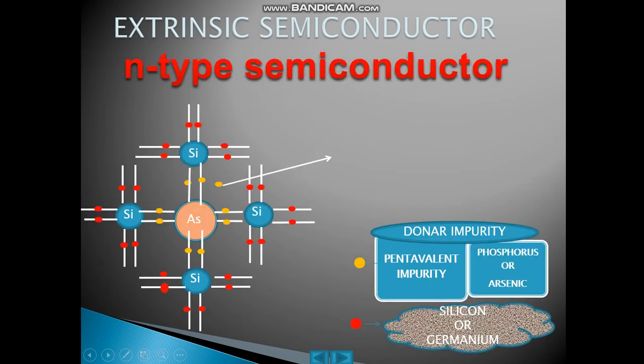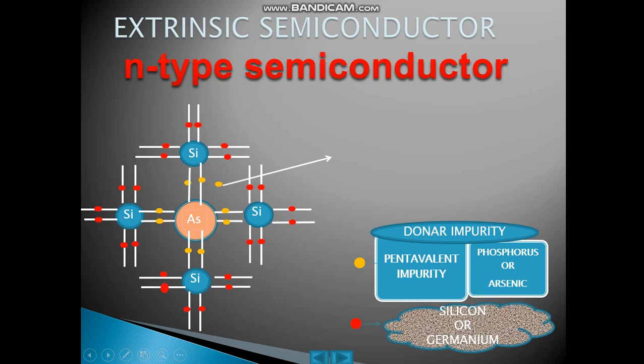Now let us see the extrinsic semiconductor. If you have a silicon crystal and the process of doping is done, one of the silicon atoms here is shown replaced by arsenic; that way many others are replaced in a single crystal. Arsenic is a pentavalent impurity; phosphorus is another example.